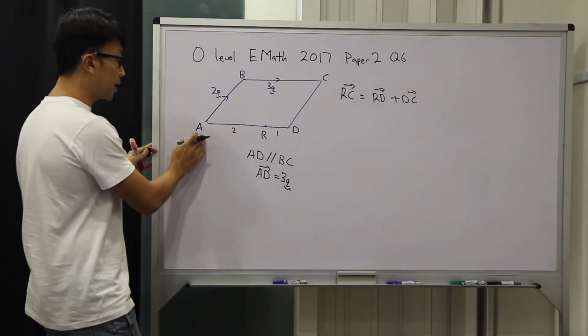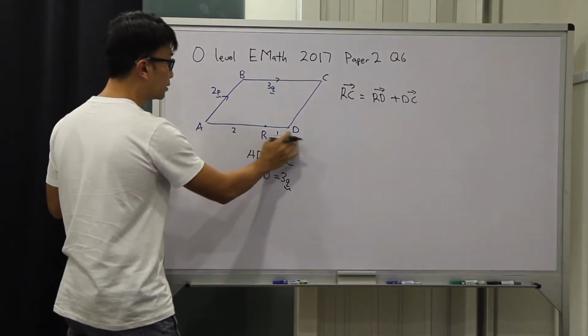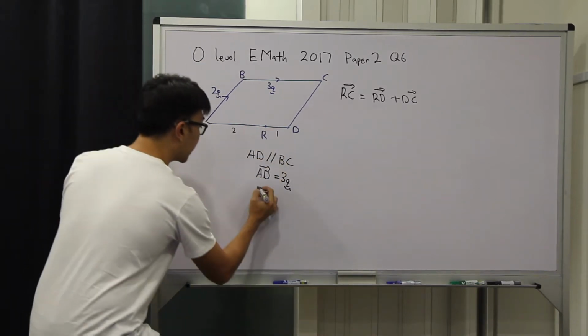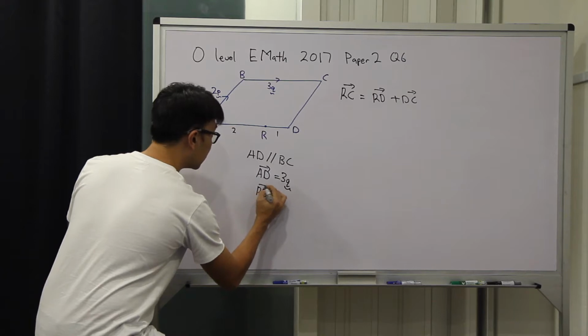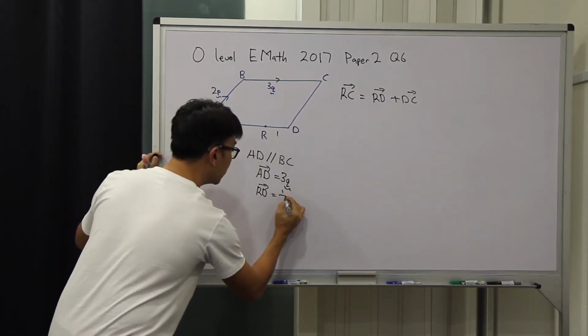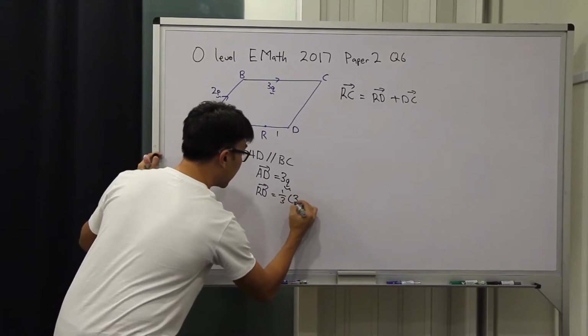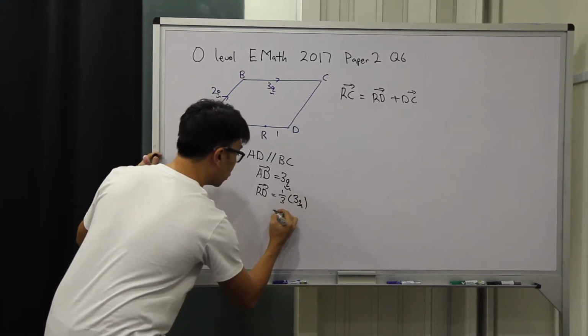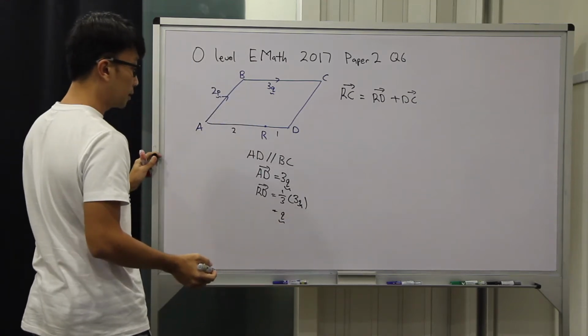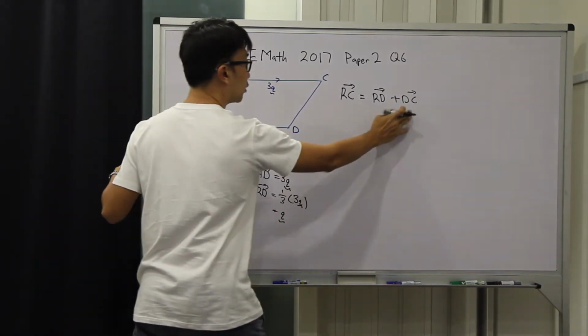Therefore, AD is equal to 3Q. Since the question mentioned that AR to RD is 2:1, we can take RD to be 1 out of 3 parts. So 1/3 multiplied by 3Q gives us 1Q. Alright, next we need to solve for DC.